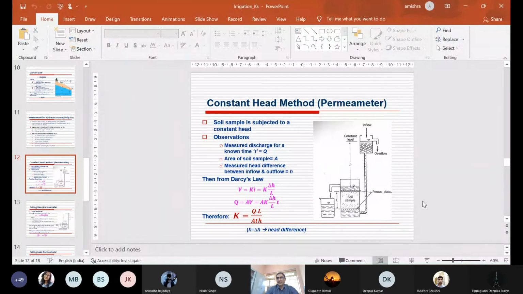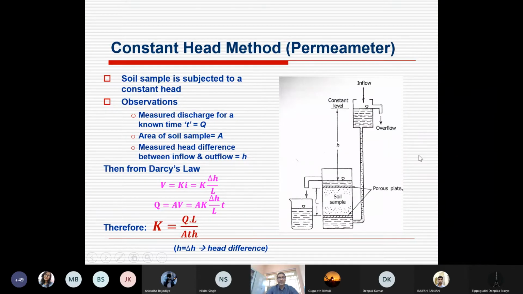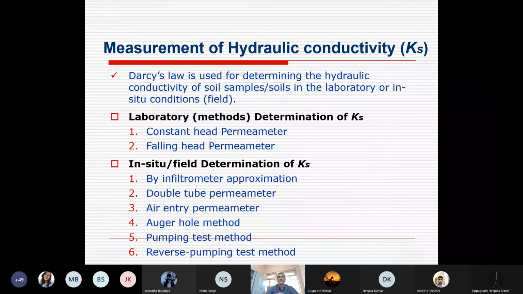Now, if you recall, let me share again the class learning. Measuring or estimating the hydraulic conductivity of soil is basically based on Darcy's law. And if you recall, there are different methods.